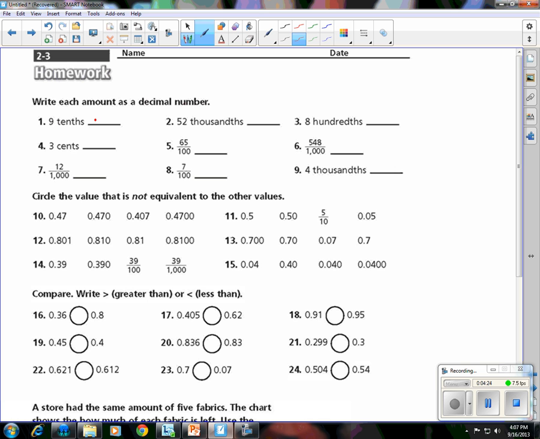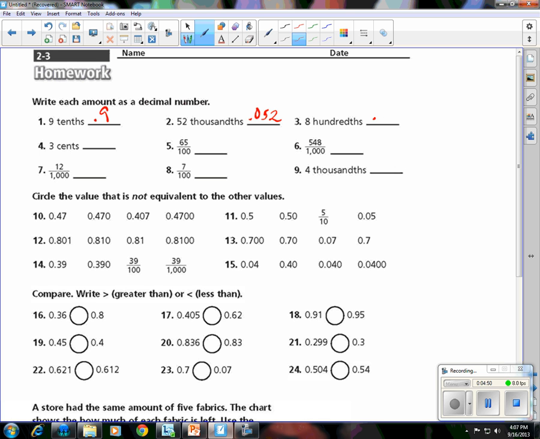Okay, so let's write each amount as a decimal number. 9/10ths, right? You're going to put a decimal and the 9. 52 thousandths, right? We're going to put a decimal. And because it's the thousandths, I need my last digit to end up in the thousandths. But that's 3 places over, so I have to put a 0 here. Okay, so it's the decimal point, 0, 5, 2. 8 hundredths.